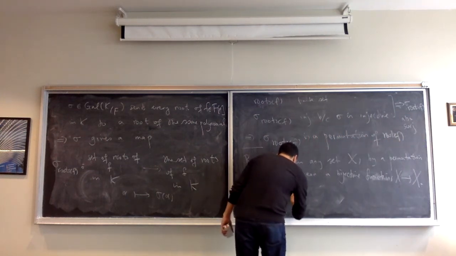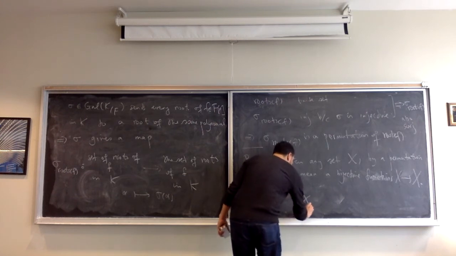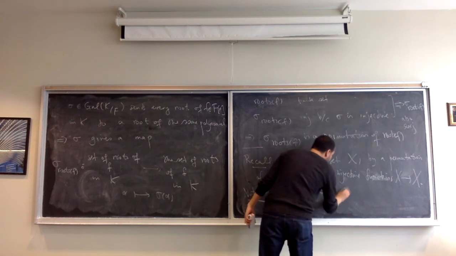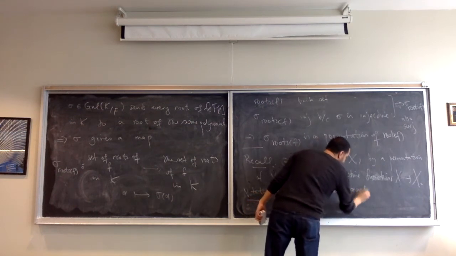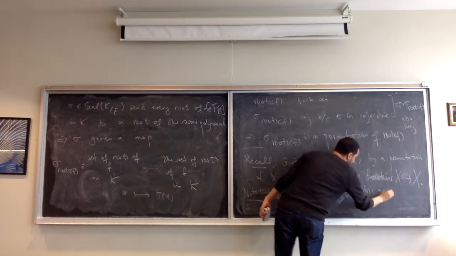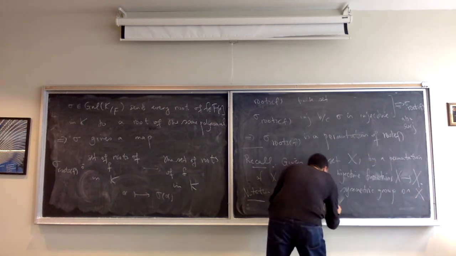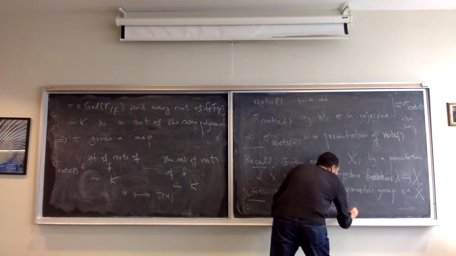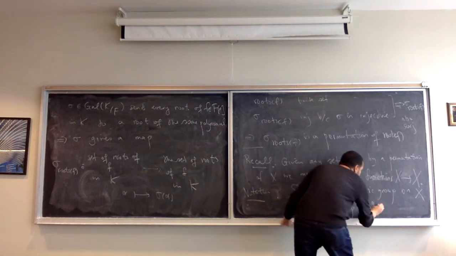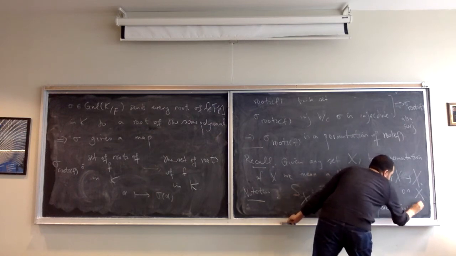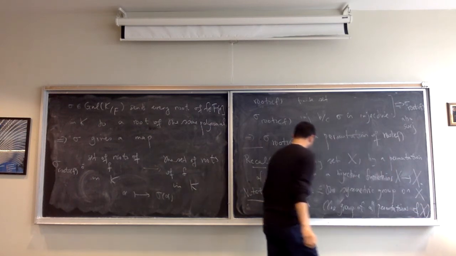I'm going to denote that by S sub x, this for the symmetric group on x. So the group of all permutations of x.